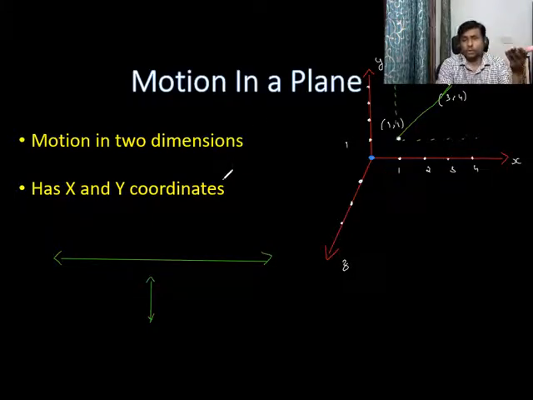For examples of motion in a straight line, you would have seen a train going on a track. Motion in a plane: vehicles going on roads, provided the road is completely smooth, can go forward, backward, left, right, but cannot jump out of the road. Neither can it go into the road.